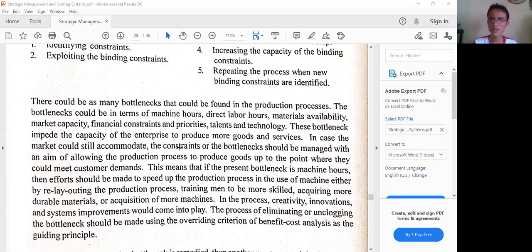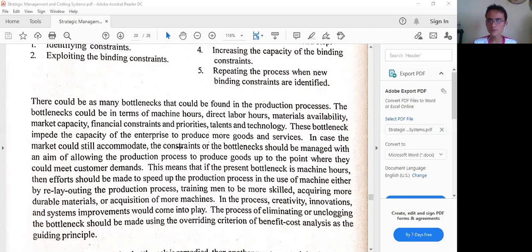If it's the process, probably we have to re-layout, changing the setup of our production area so that we consume less time transferring raw materials from one area to another, or finished products from one department or process to another, and so on.